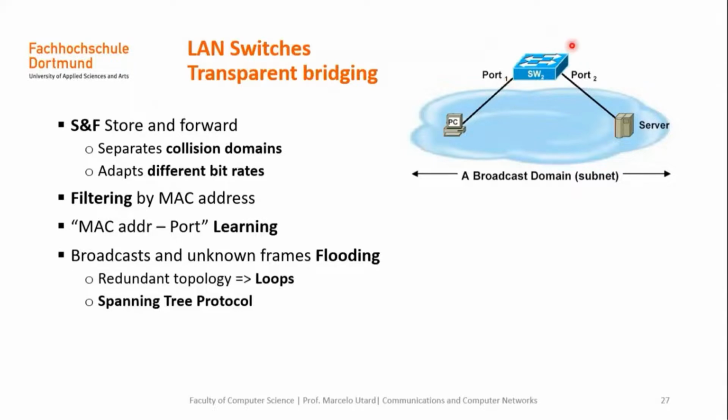And in order to avoid, for instance, the misuse of the segments, the switch will perform a filtering function based on the destination MAC addresses. But in order to perform that function, the switch performs another function called learning.